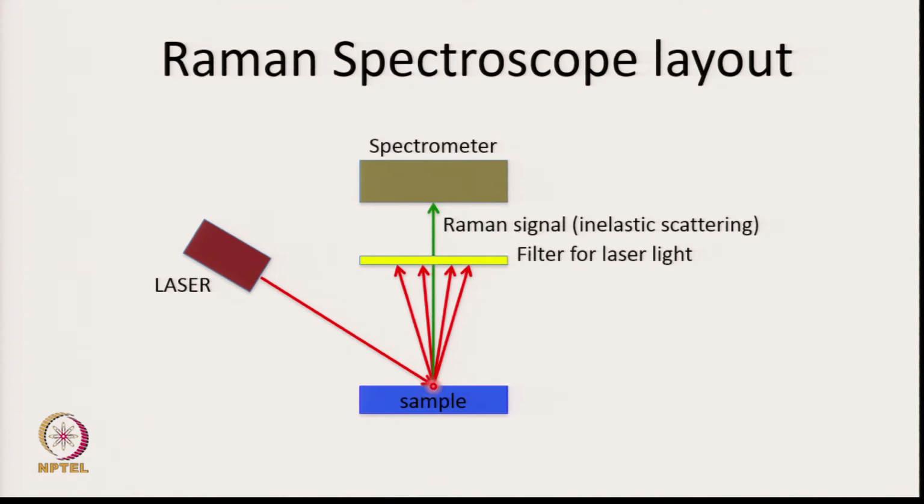As it strikes the sample, obviously it will penetrate also inside the sample to some extent, but most of it will happen from the top surface. So, that is why the changes on the surface will also get detected very easily, but it is not only the surface that will be seen, it will also see the inside of the sample. And then the sample will absorb this laser light and it will re-emit it as a scattered light.